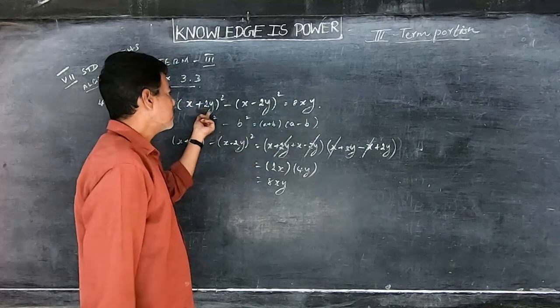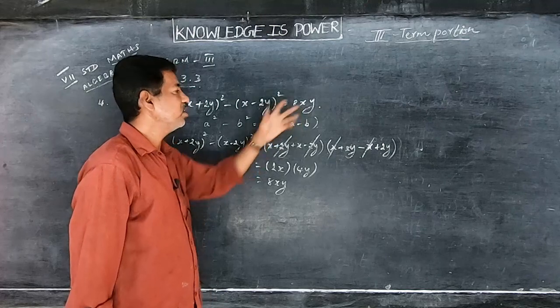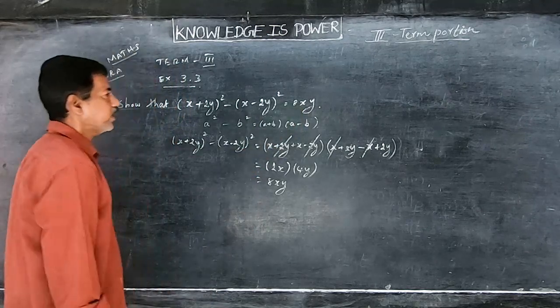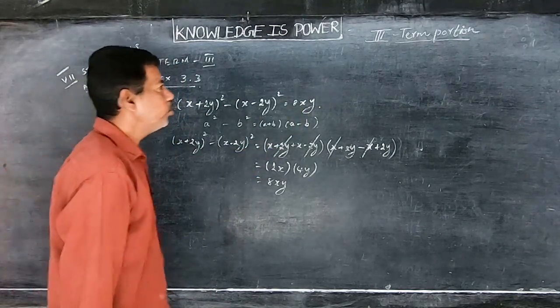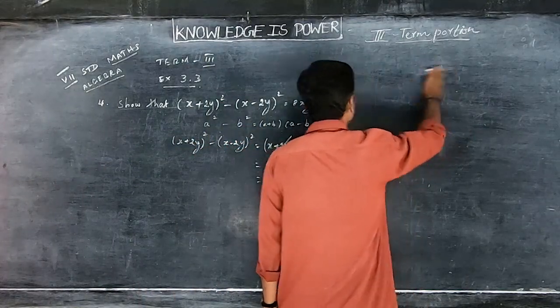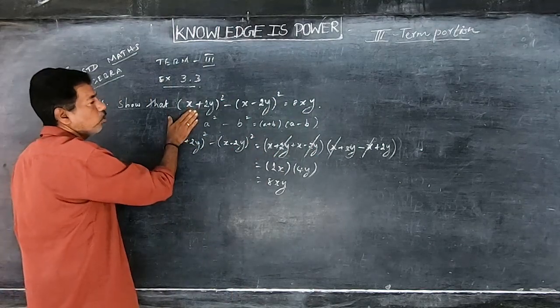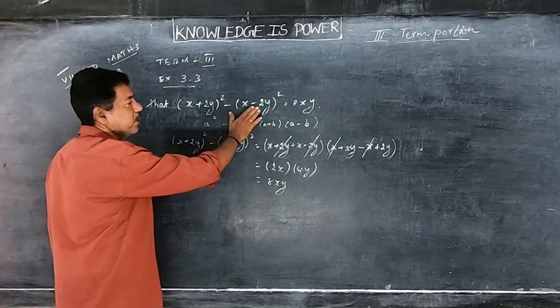Okay, so left hand side is given. The question asked to prove this as in this model. Okay, this is one of the ways. Or this sum can also be done in some other method. How? Take this as a plus b whole square and this as a minus b square.